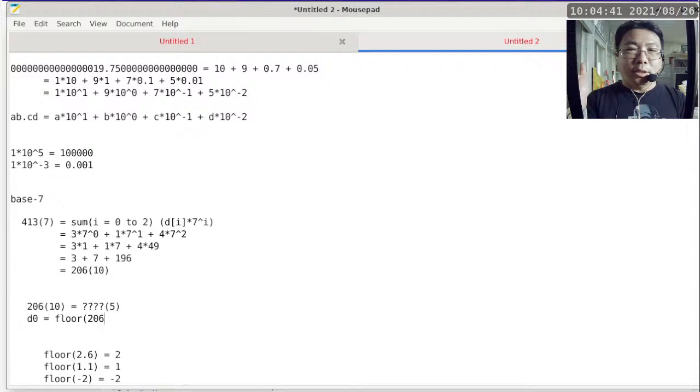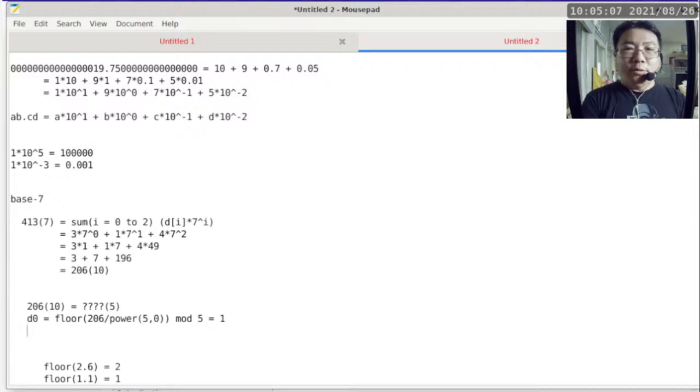I'm not going to use the 10 in parentheses because it's understood that it is in base 10. And we want to divide it by 5, which is the base we're dealing with here, to the power of 0, which is pretty stupid because 206 divided by 1 is just 206, mod 5. So that would give us a 1.